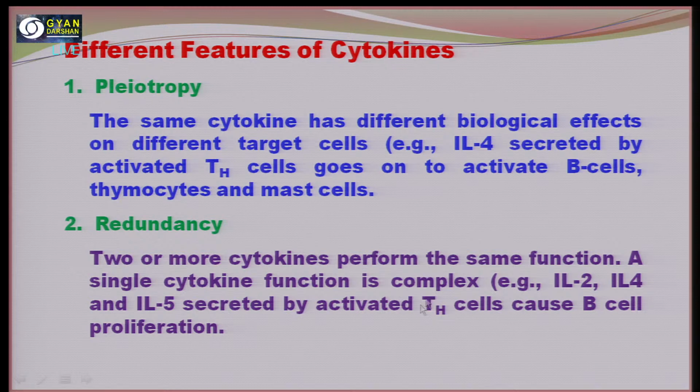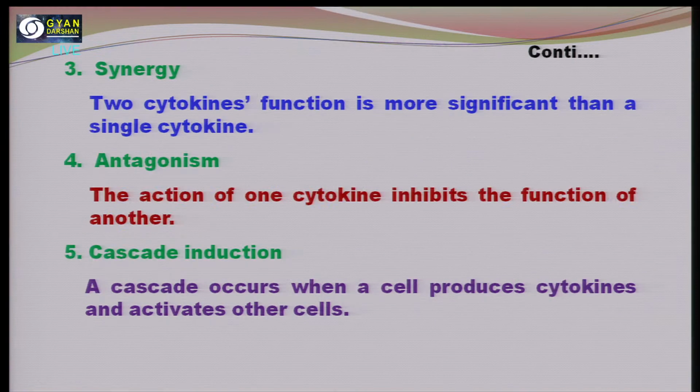So ultimately the binding of cytokines like IL-2, IL-4 and IL-5, their action and function is the same. They are able to proliferate the B cells. So you can say it is the redundancy feature of the cytokines.